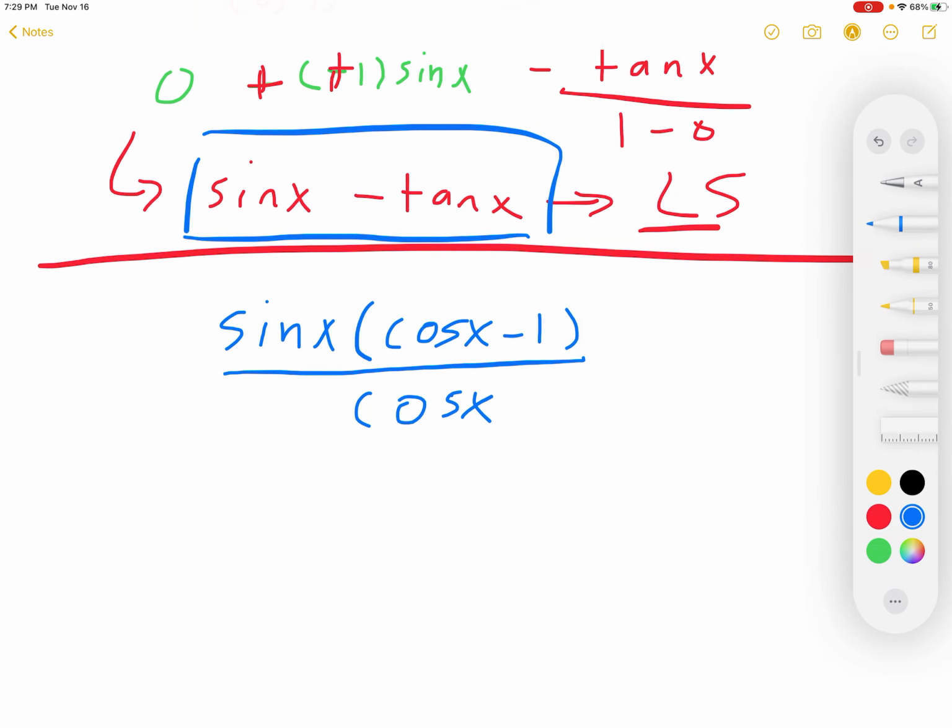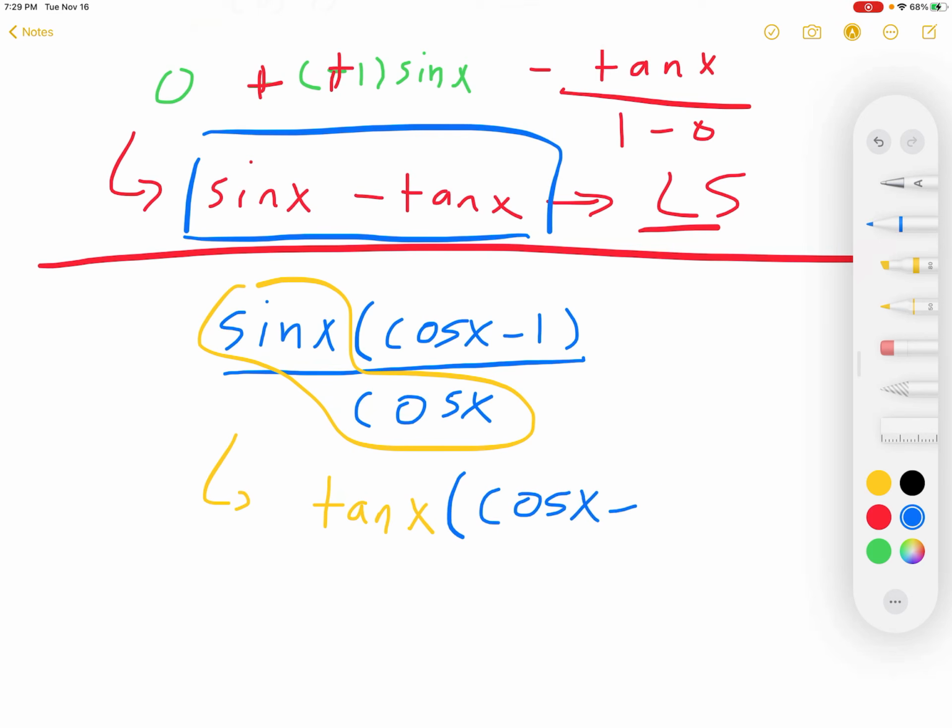So what I can do is, if I look over here, sine over cos is really just tan. So simplifying this, I can go tan x multiplied by cos x minus 1. And that would fulfill the tan x portion of the formula. But we have to expand this and remove the brackets.